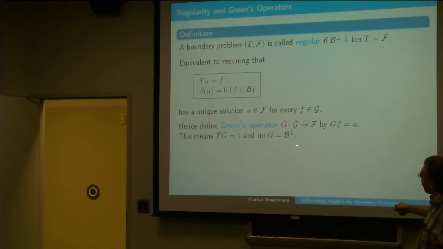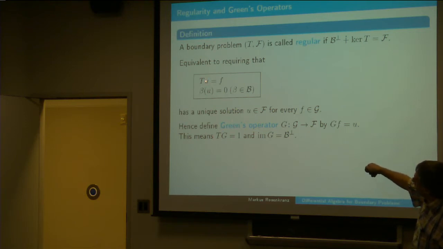And in operator language, this solution here means that TG is 1. So for instance, if you substitute for the u, Gf, then you have here TGf equals f, and that means TGf is equal to the identity operator applied to f. So since this is true for all f, it means that the operator TG is equal to the identity operator.